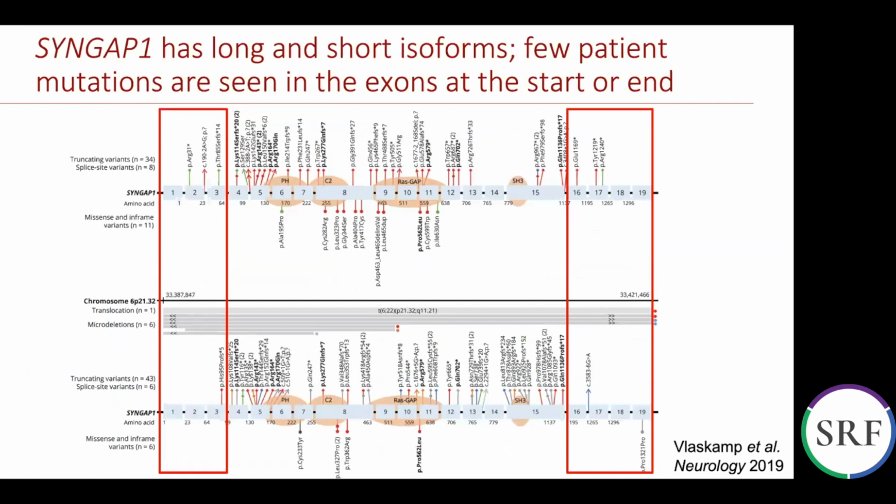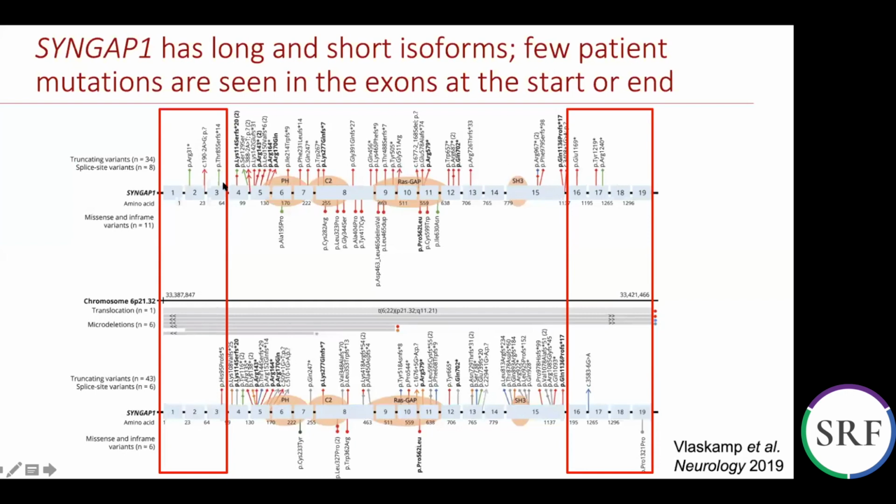It's always nice to see replication, and so in 2019 there was this updated paper. The dots at the bottom represent the mutations which have been previously published. This paper adds a stack of new mutations, which I'm sure represent many of the individuals in the family group. Above the gene are the protein truncating variants, below the gene are the missense. And again, most of them are protein truncating variants, and there are few in the first 3, maybe first 4, and the last 4 exons.